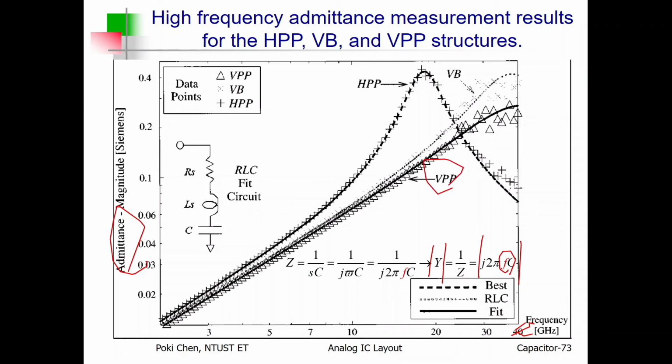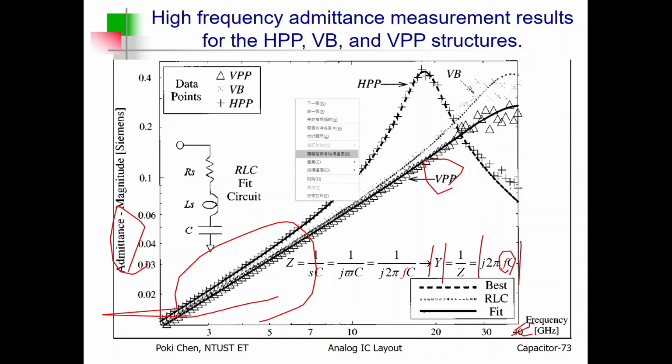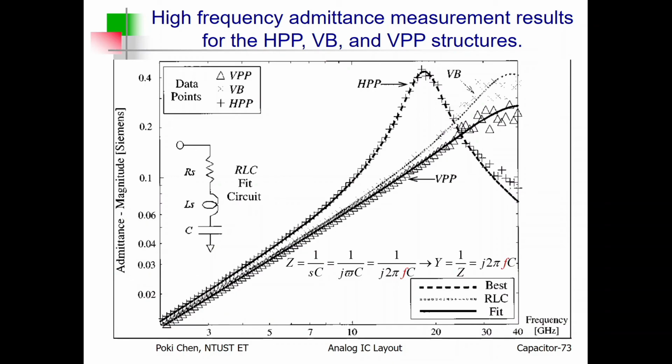So here, the linear portion means everybody is ideal for capacitance. But if you have a look at the traditional one, you will see it gets big trouble here.